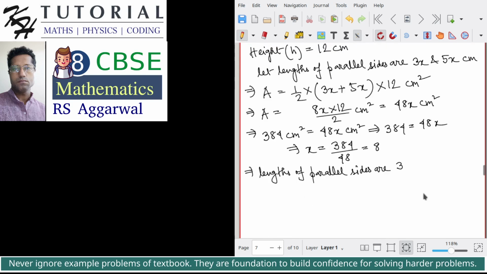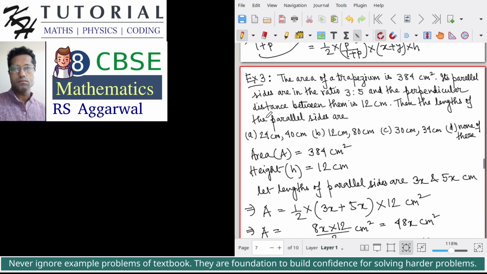So we will have 3 into 8 centimeter, and 5 into 8 centimeter, which is equal to 24 centimeter and 40 centimeter. So the lengths of the parallel sides are 24 centimeter and 40 centimeter, and hence the correct choice is A.